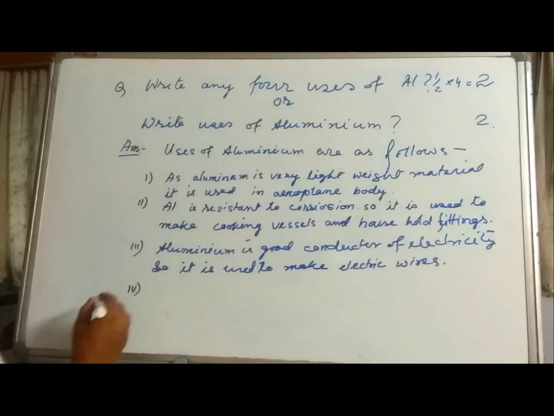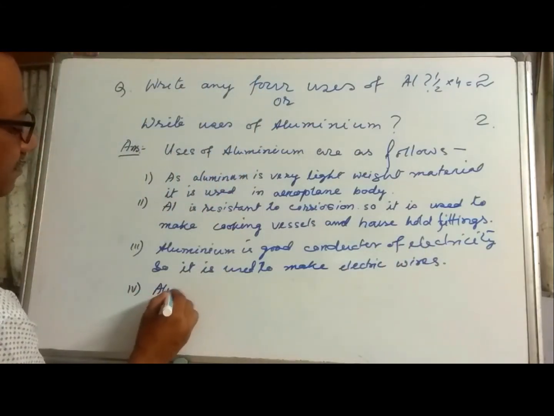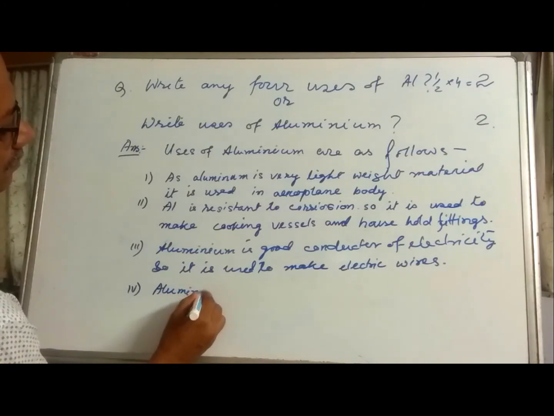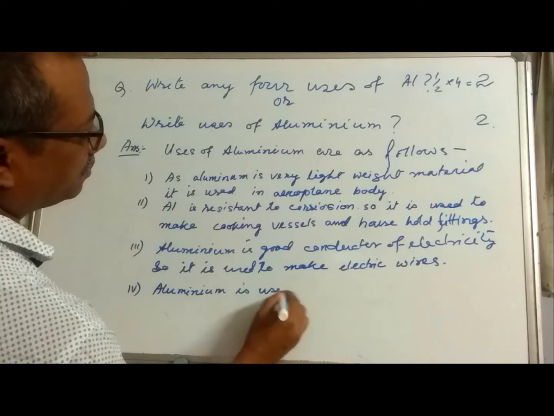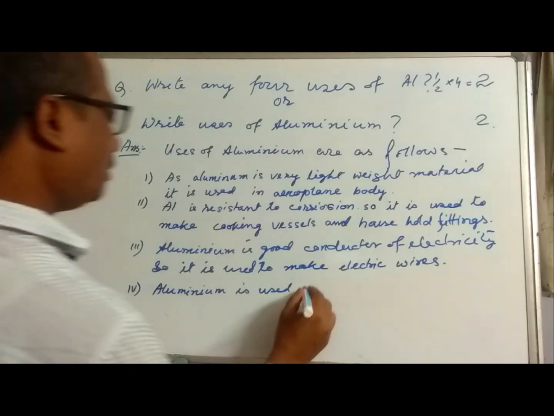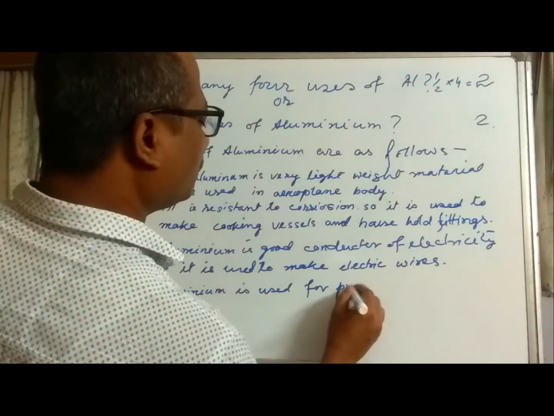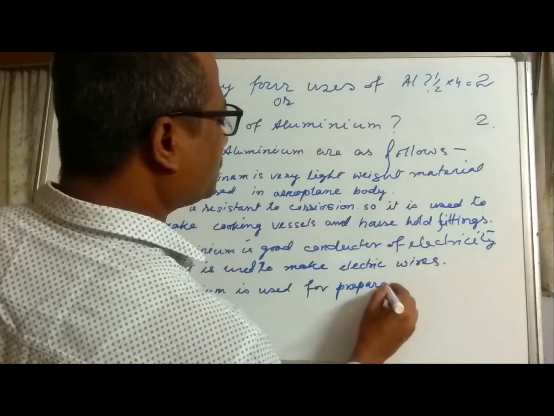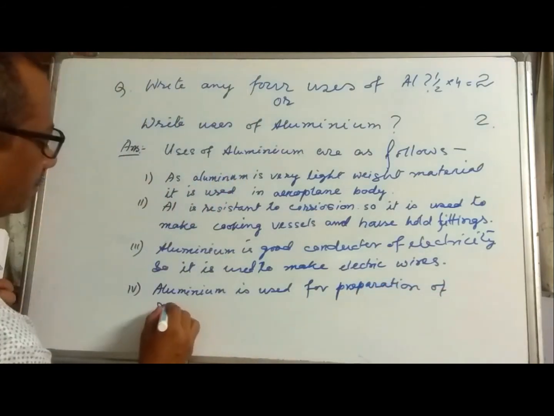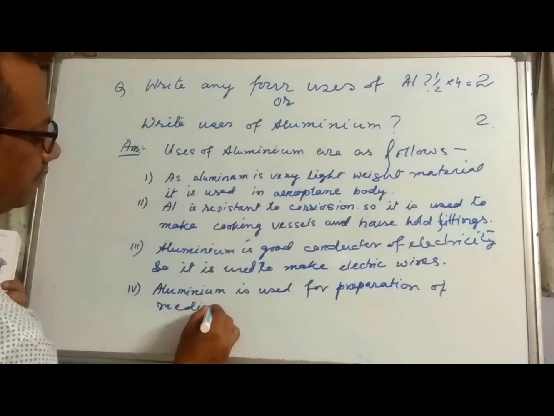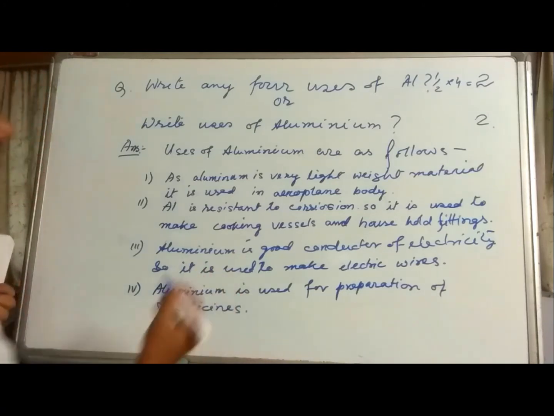Number 4, aluminium is used for preparation of medicines. So this is the answer.